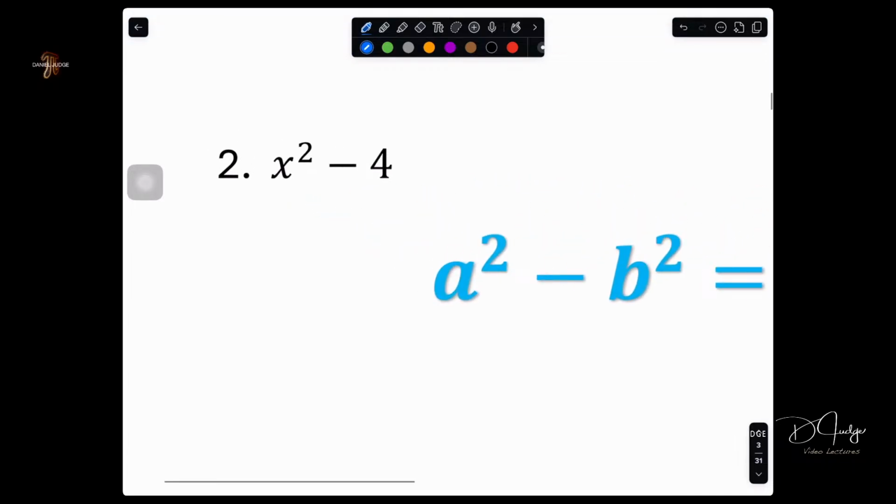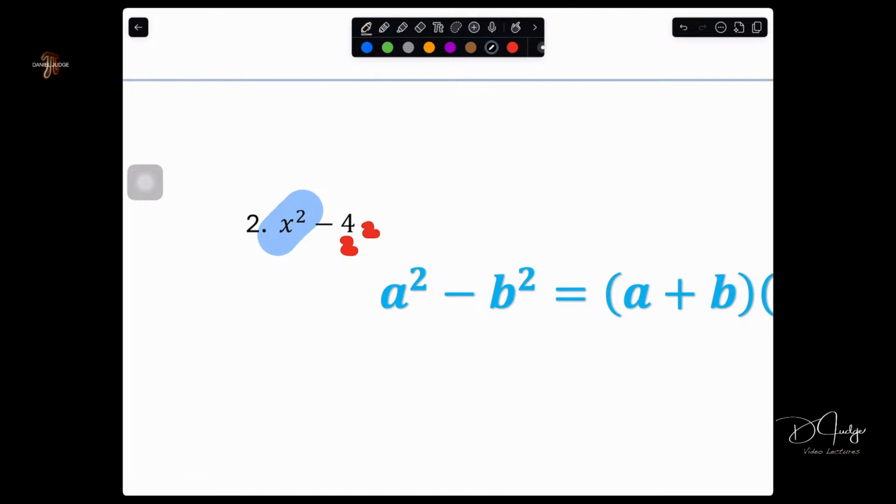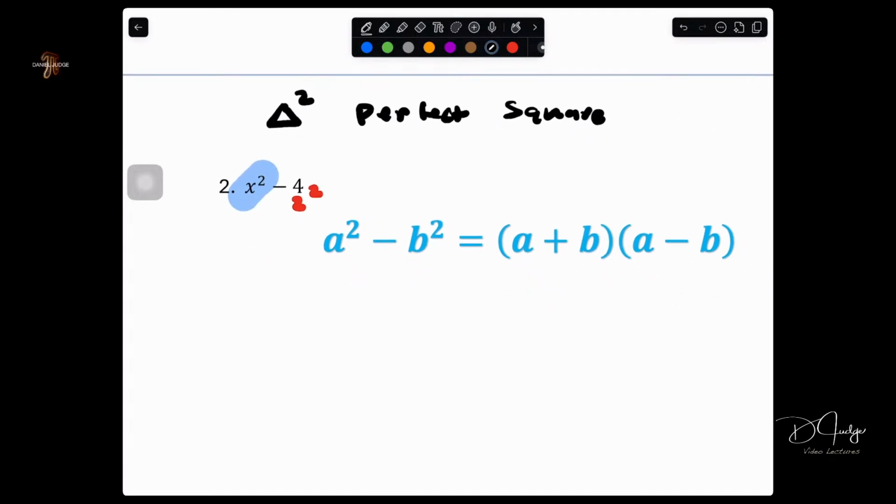Because even though we know x squared is a perfect square from the last example, 4 is also a perfect square. You see, anything that we raise to the second power, and sometimes I just put like a triangle, anything that we raise to the second power is called a perfect square. The triangle is the base, by the way. So it's called a perfect square.